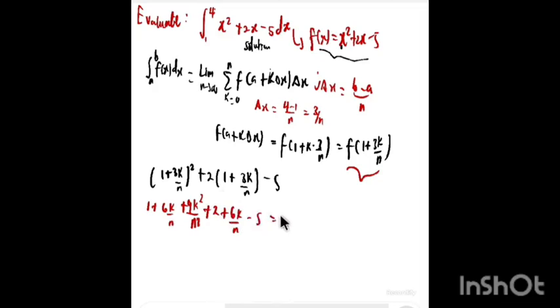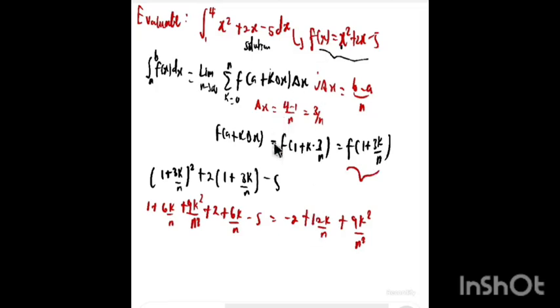Collecting like terms, we have 1 plus 2, that's 3, 3 minus 5 gives us negative 2. Then plus 6k over n plus 6k over n gives us 12k over n, then plus 9k squared over n squared. That is our f of 1 plus 3k over n.